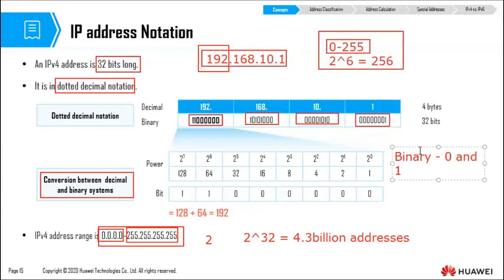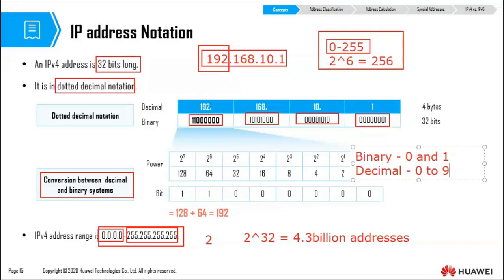Otherwise, the number system we are commonly used to is called the decimal number system, which uses the numbers 0 all the way to 9. So 10 numbers, that's why it's called decimal.